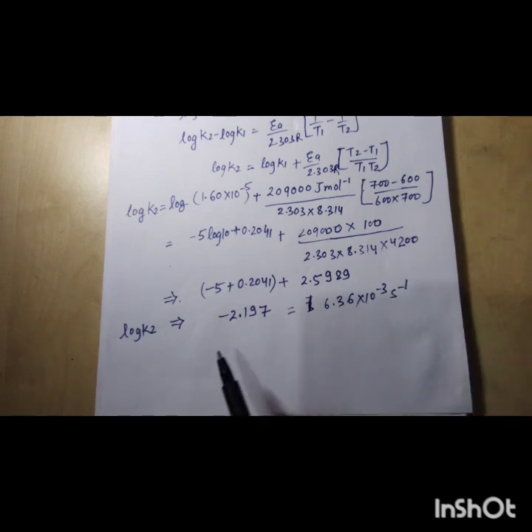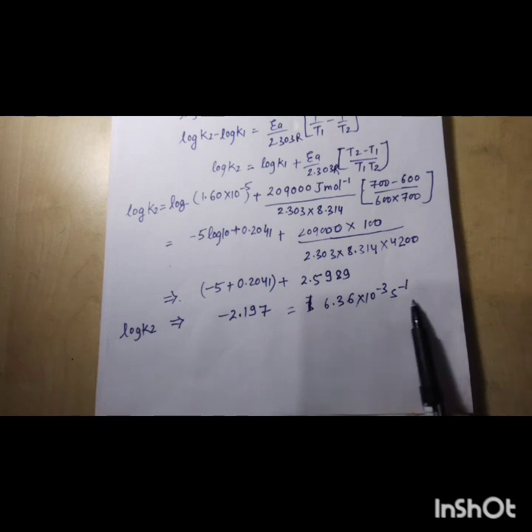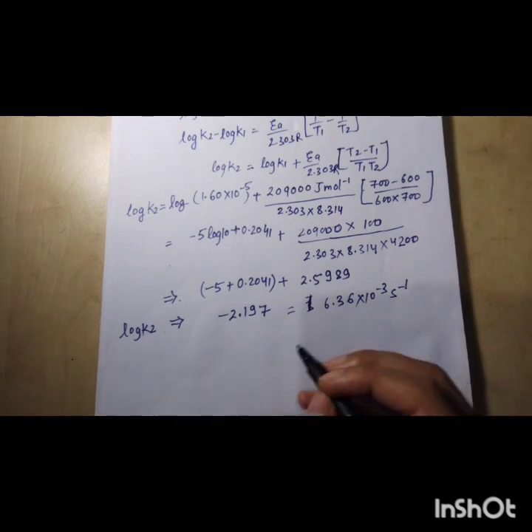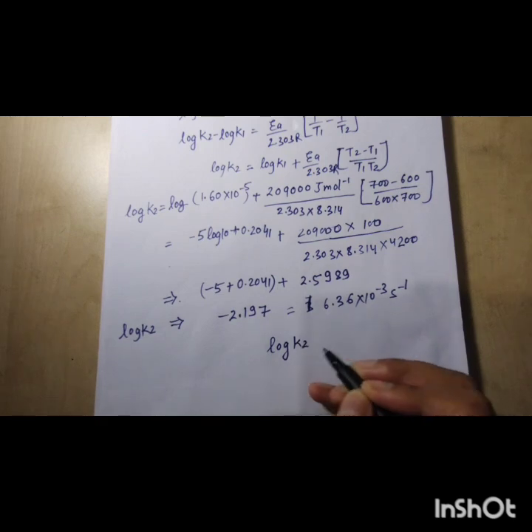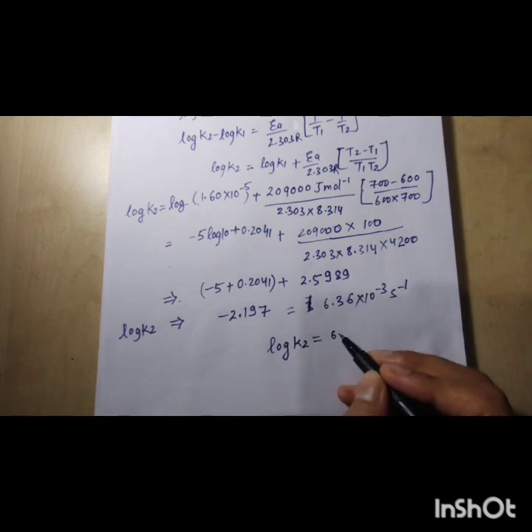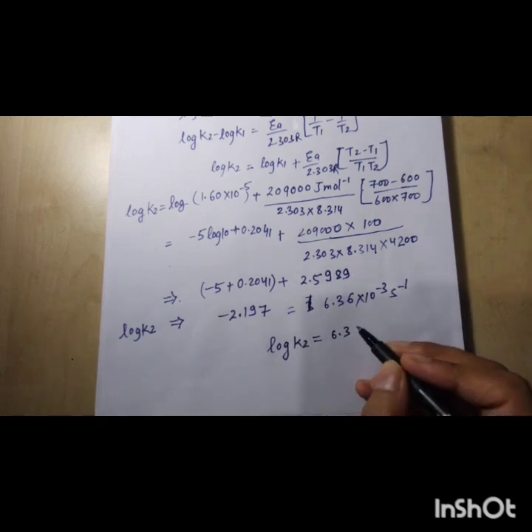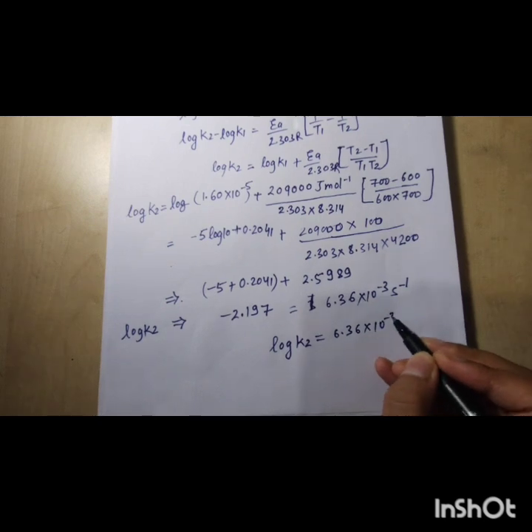If we calculate this with the help of the antilog calculator, K2 becomes 6.36 into 10 to the power minus 3 per second.